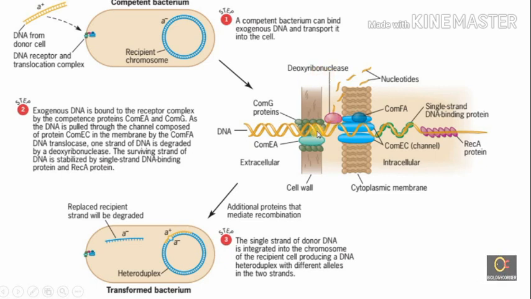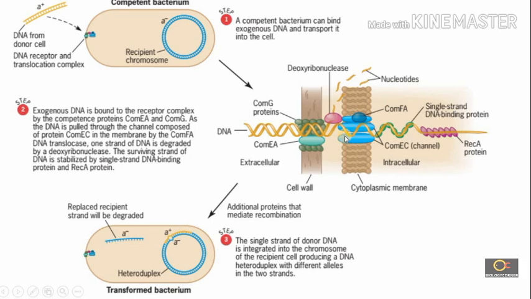While this double-stranded DNA molecule is crossing the plasma membrane, this enzyme will degrade one of the two DNA strands. You can see over here it is being destroyed, being degraded into individual nucleotides, and the other strand passes through this channel protein, competence EC, into the cytoplasm of the bacteria.